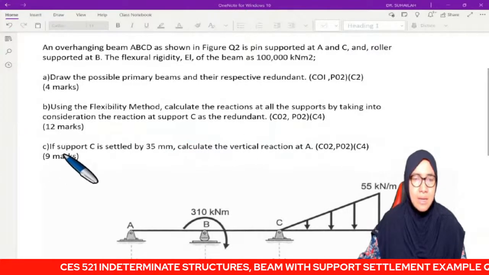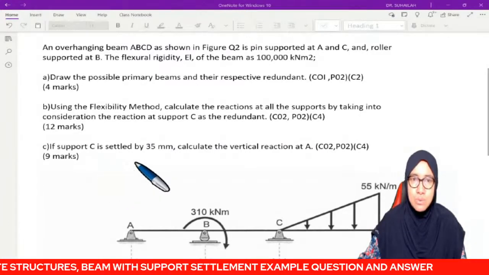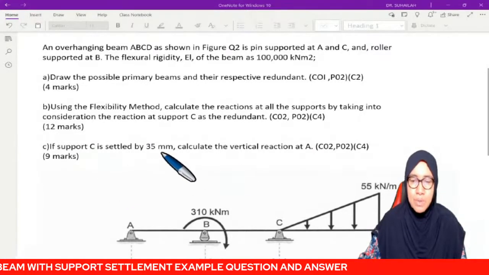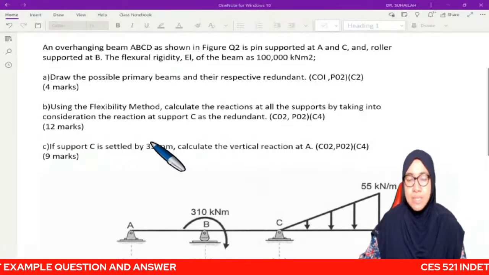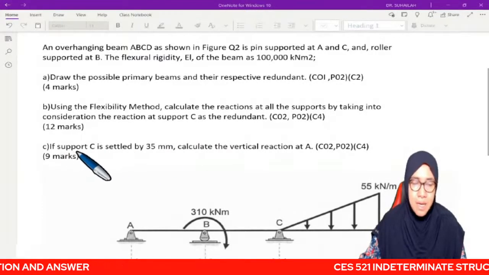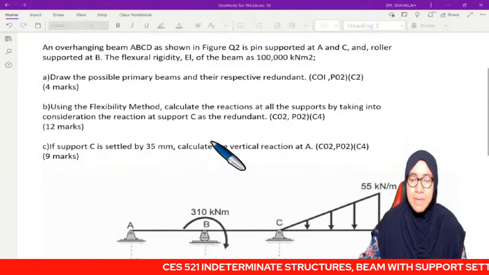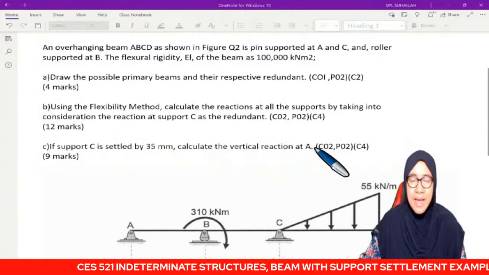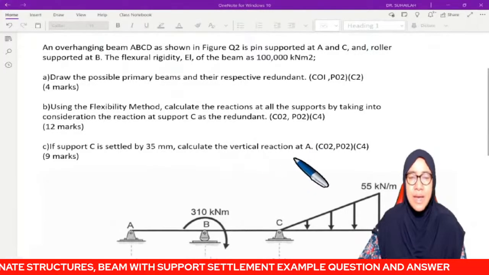And then the last question, this is the modification question because I want to analyze beam with support settlement. So I changed question C. If support C is settled by 35 mm, calculate the vertical reaction at A.